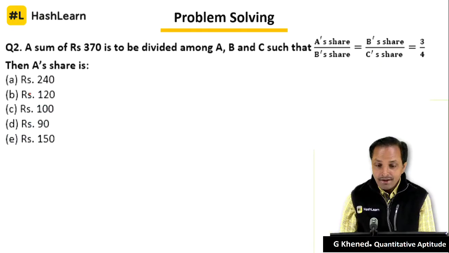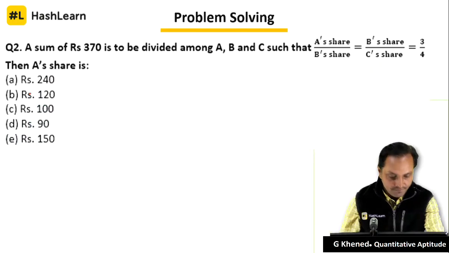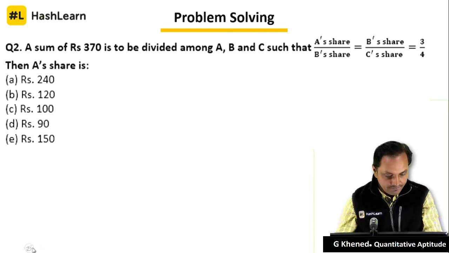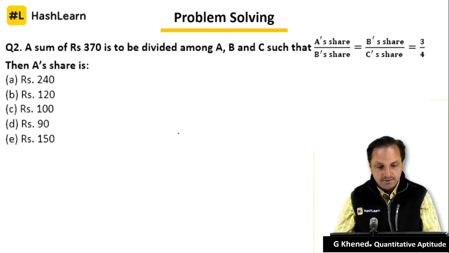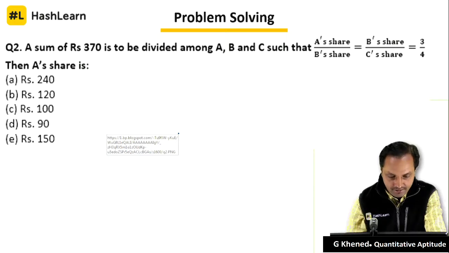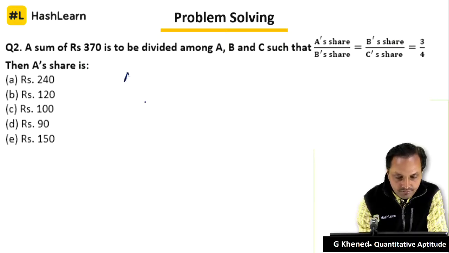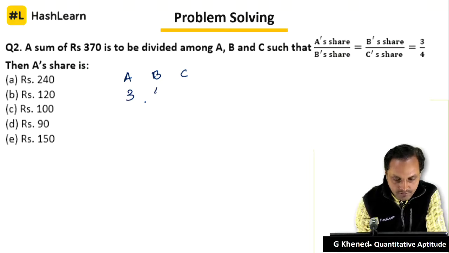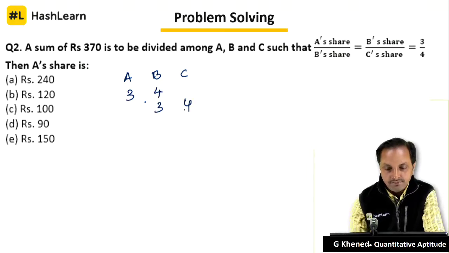Okay, again a similar example. Here the ratio between two persons, A and B, is 3:4, and B is to C is again 3:4.